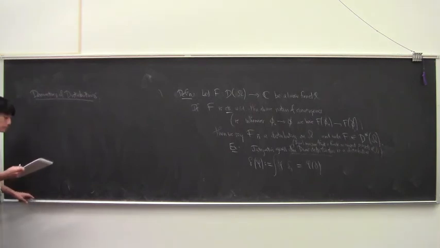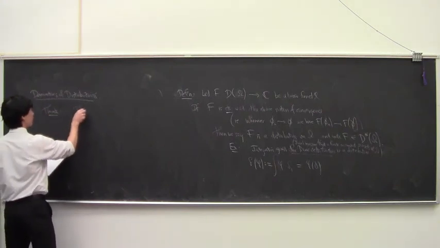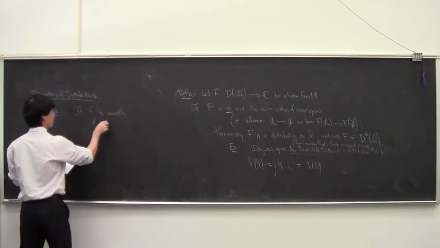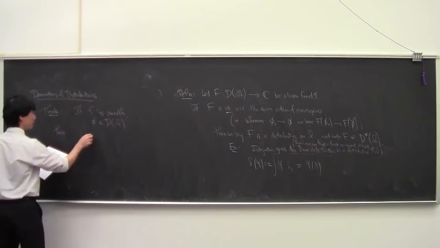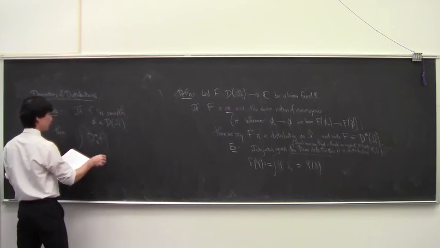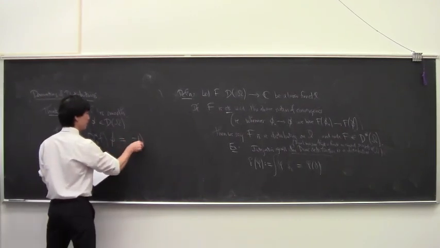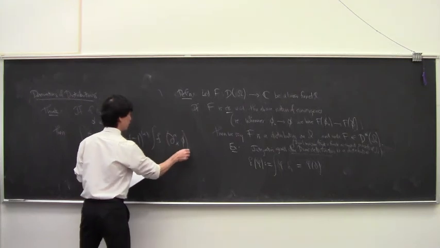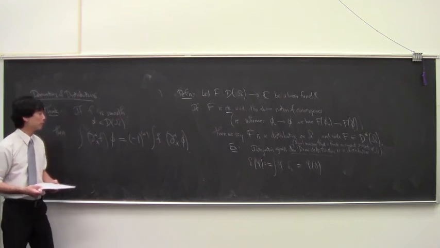If f is smooth and phi is in D of omega, then if we integrate the derivative of f against phi, by integration by parts, you're going to get the integral of f against the derivative of the test function, with a sign.